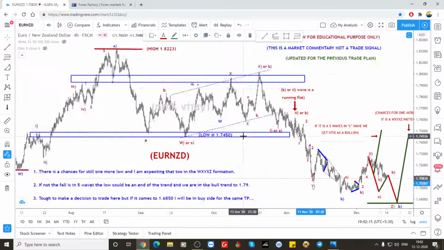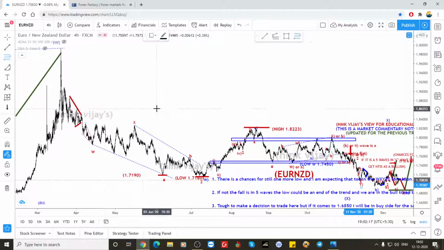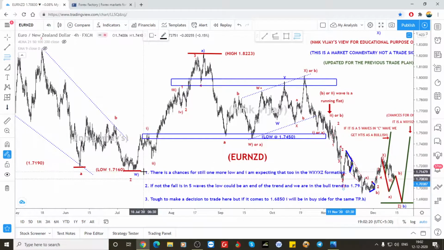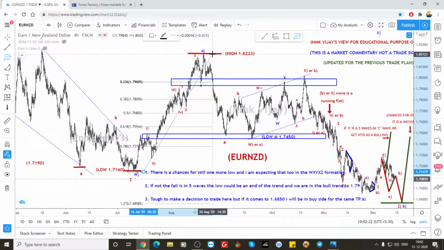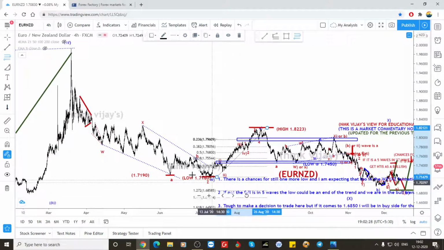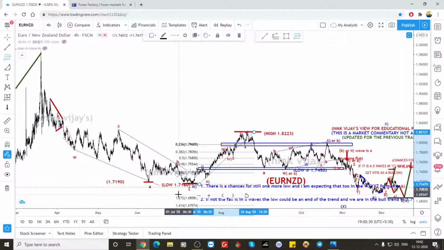This is 1.272 for this, with the Fibonacci retracement from here to here. That is why I have marked this green line. It is not compulsory, because 1.272 is very powerful, but if it is still bearish, it can reach up to 1.414 also.